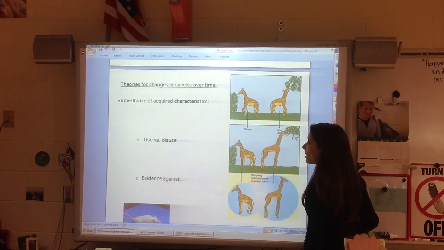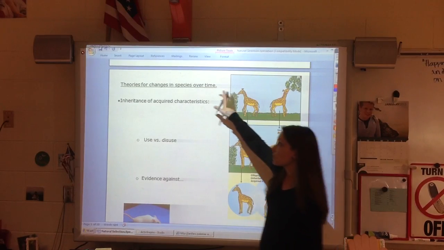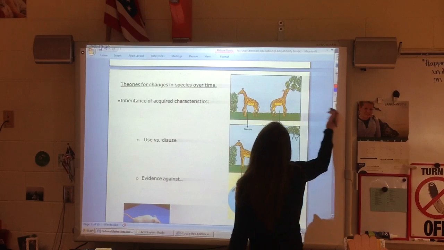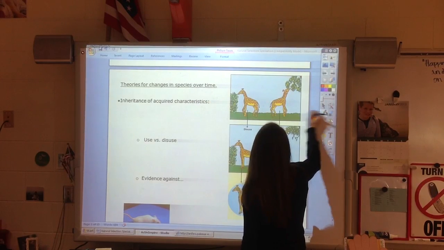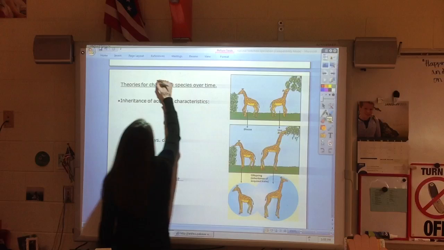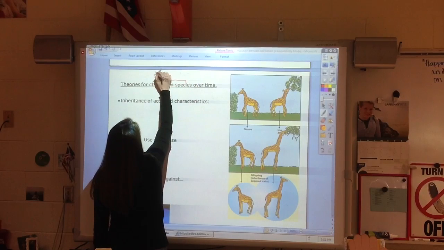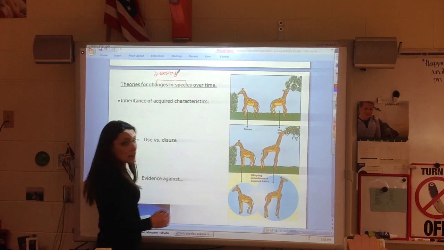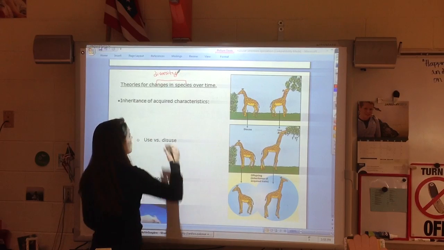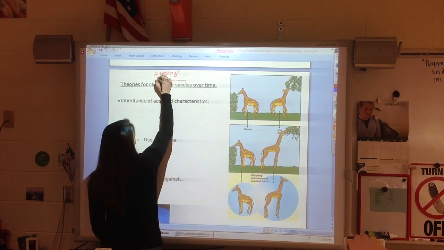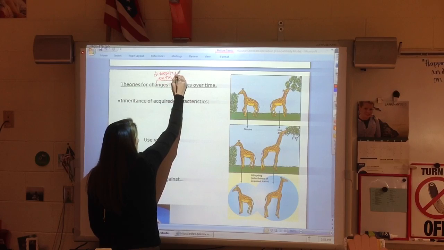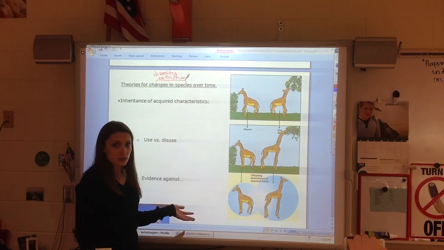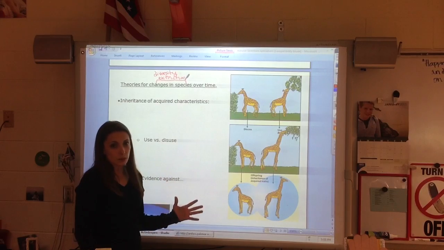So when scientists were looking at theories for changes in species over time, when scientists were looking at diversity and at extinctions, once we started to discover fossils and go, whoa, where is this organism?